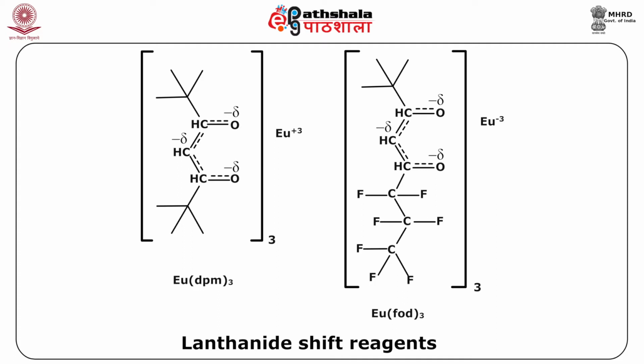The commonly used lanthanide shift reagents are tris heptafluoro dimethyl octane dionato-europium, which you can abbreviate as Eu(fod)3, and another one is tris dipivaloyl methanato-europium, which you can abbreviate, students, as Eu(dpm)3.